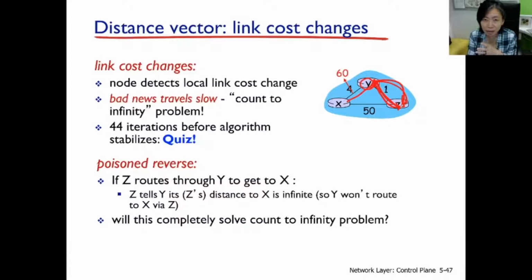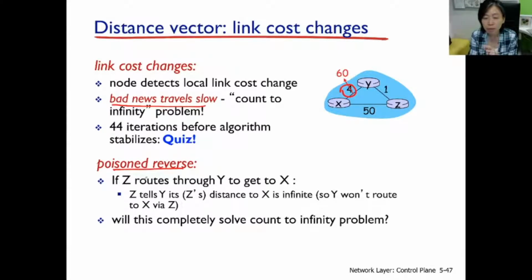So z, being still under the impression that the best route is the one before the link change, needs to know about the link change. Poison reverse works this way. This is to help prevent bad news traveling slowly.